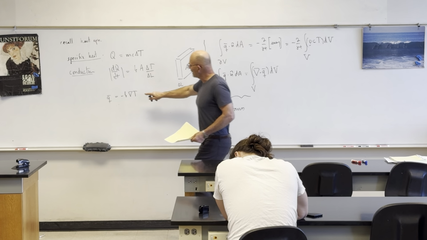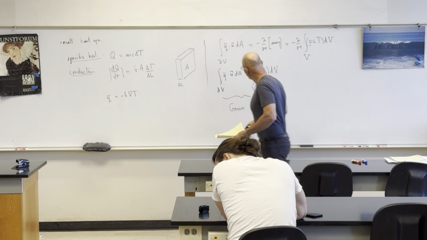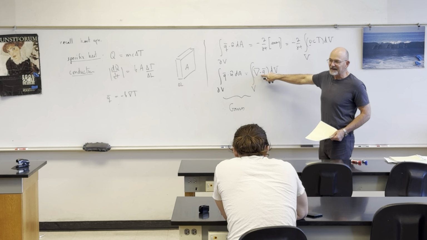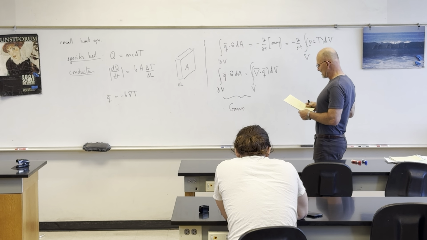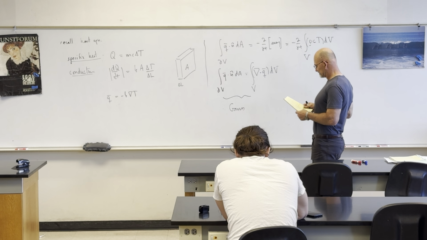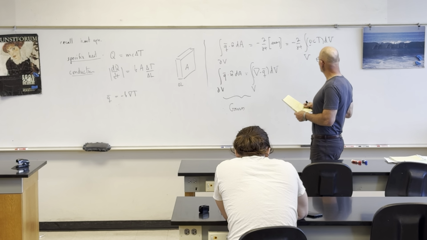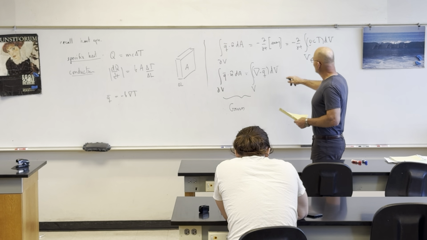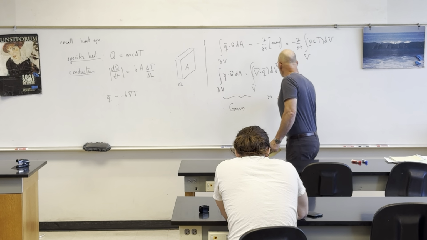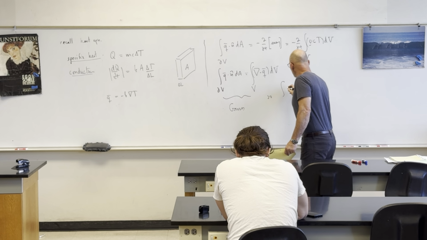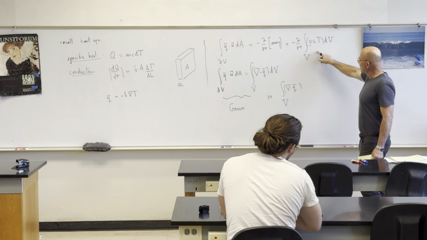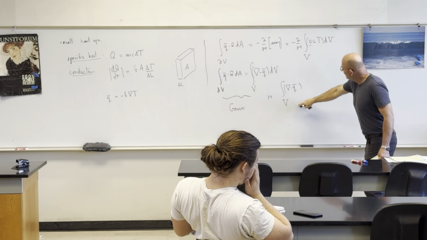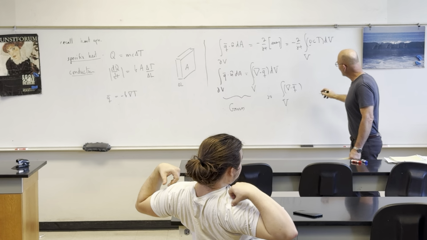Because Q is minus K gradient of T, that's where we're going to get the divergence of the gradient. Okay. So which are the two that we're comparing now? So now we can compare this. I'll be explicit about this. Divergence of Q over a volume. And it's equal to this integral here. We'll bring this one under the integrand as well now.